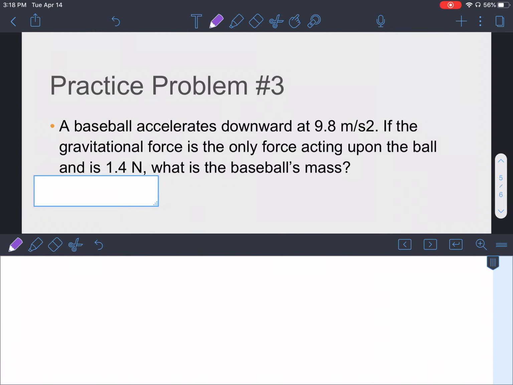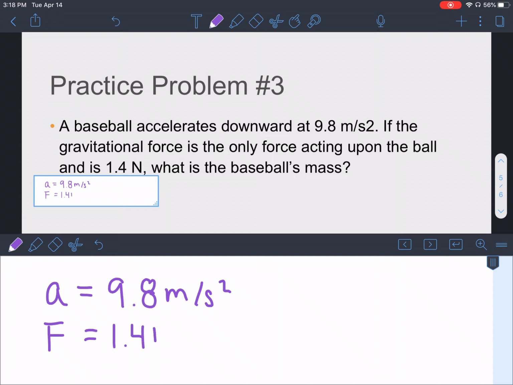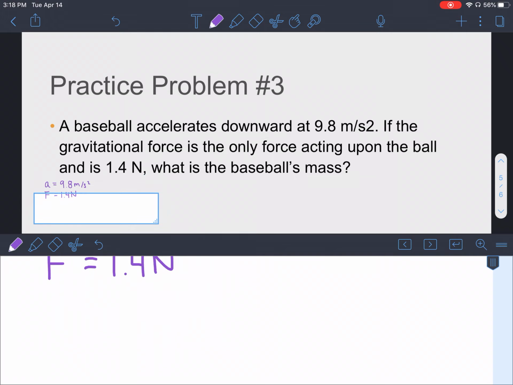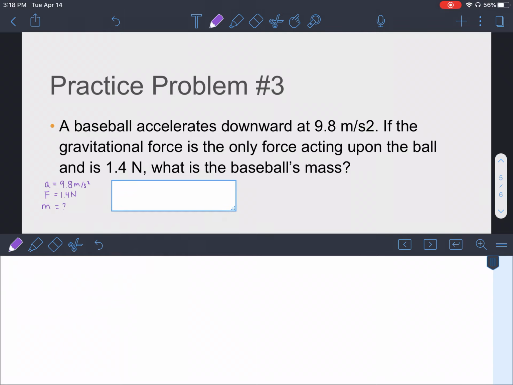All right, so again, acceleration, let's outline that, 9.8 meters per second squared. Got force, 1.4 newtons, and we want to know the mass of the baseball. So we can use our formula that mass is equal to force divided by acceleration.